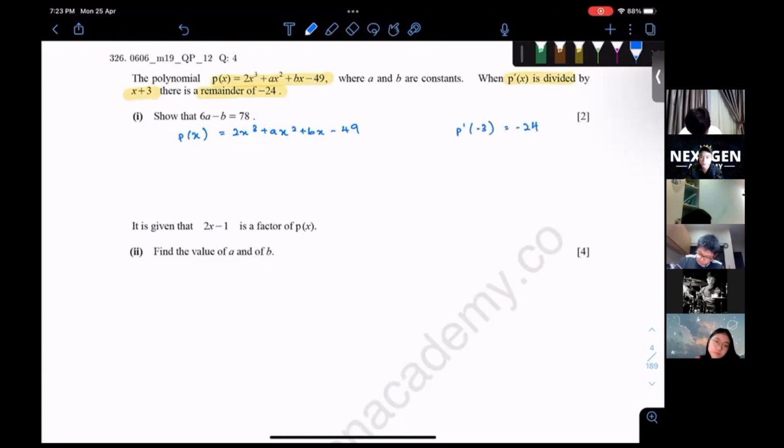Everyone clear on this part? The factor and remainder theorem. So what do I need to find first? I have to find p prime x first. So p prime x will be 6x squared plus 2ax plus b.